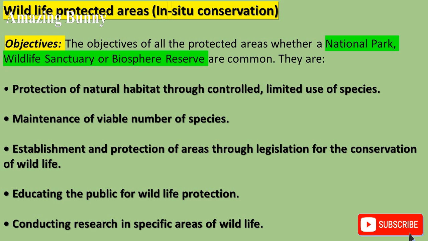Second, maintenance of viable number of species. Third, establishment and protection of species through legislation for the conservation of wildlife. Fourth, educating the public for wildlife protection. And the fifth point is conducting research in specific areas of wildlife.